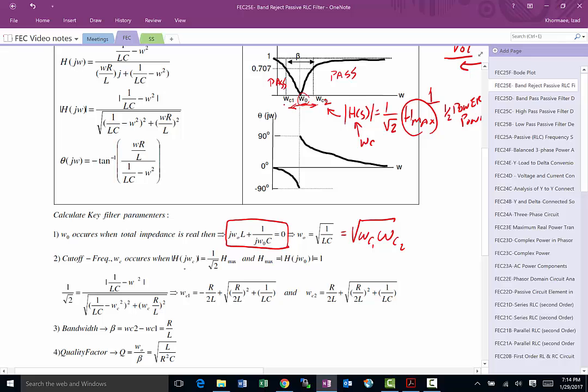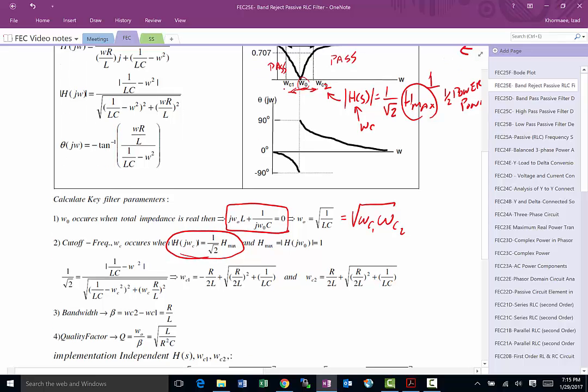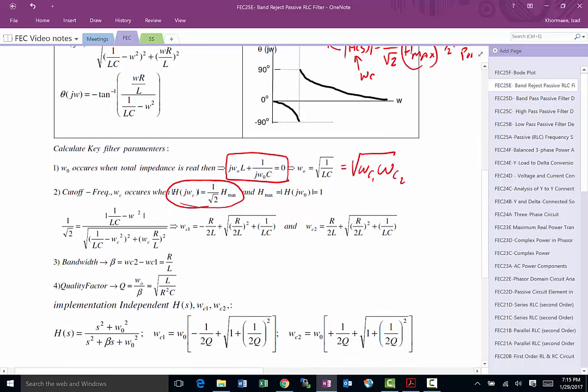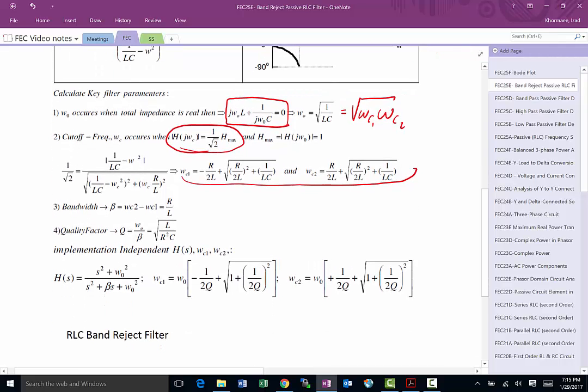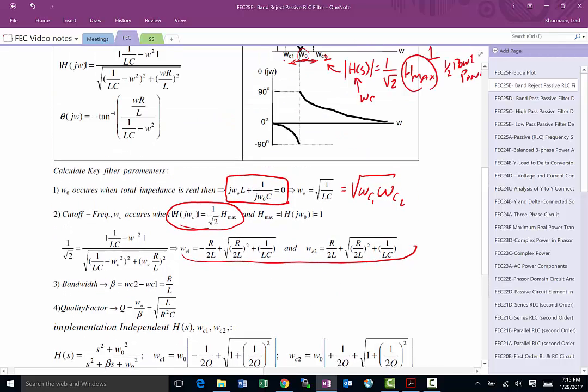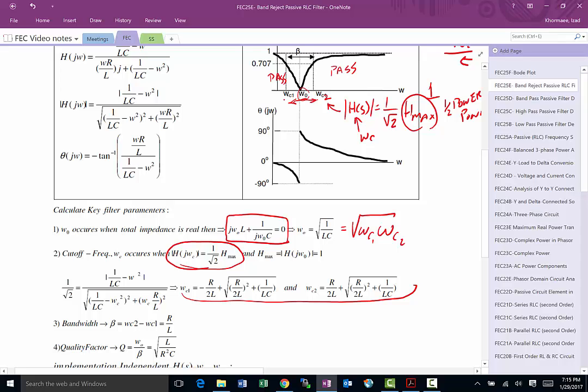Cutoff frequencies, as we've said before, this is the equation you use: the magnitude of H of S, when S is equal to j omega C, equals H max over square root of 2. Since this is a passive device, H max is equal to 1. To solve that, you end up with a quadratic equation, so there you have it. Now, since this is a band reject, you will have two cutoff frequencies.